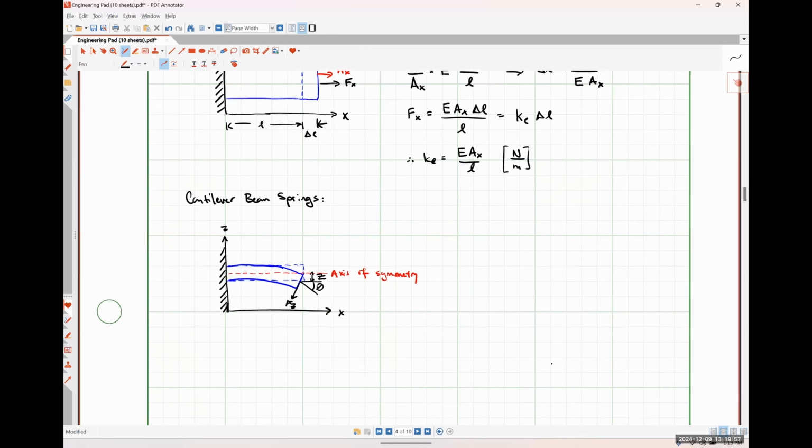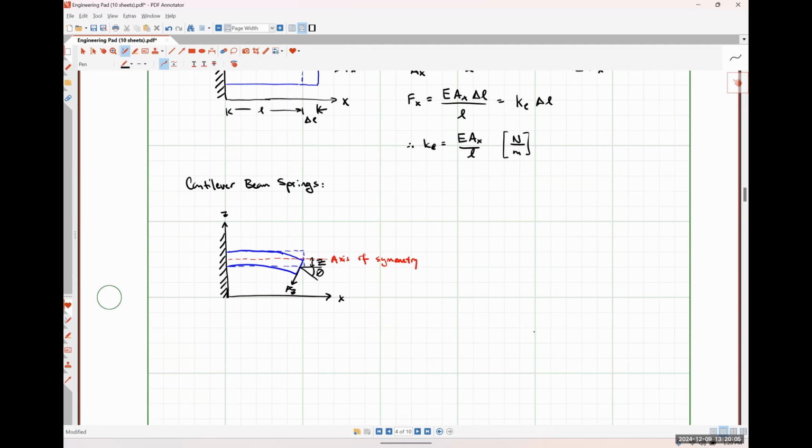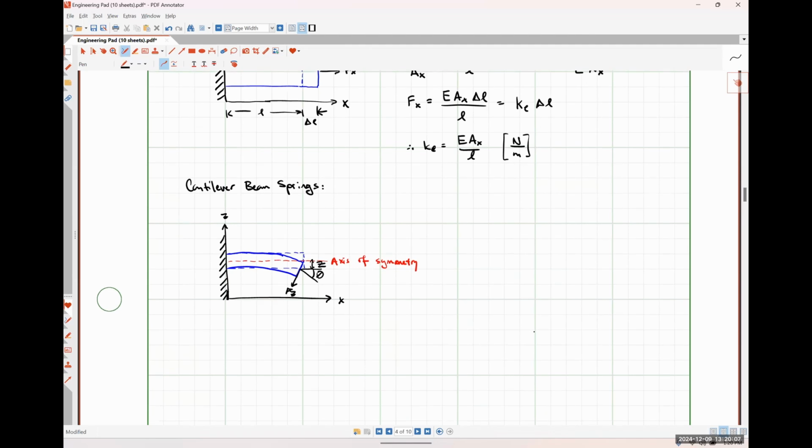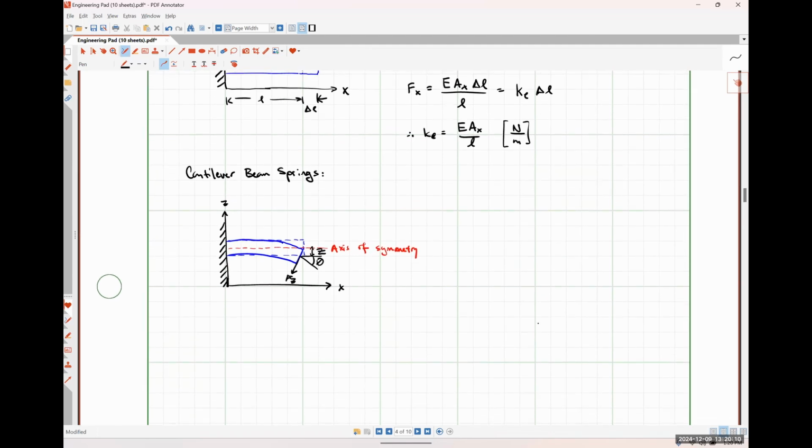Unfortunately for a cantilever beam like this, the math is quite a bit harder. So this type of displacement is governed by the following differential equation. E, our Young's modulus, times I, the second moment of inertia in the direction of bending. Let me write that down.